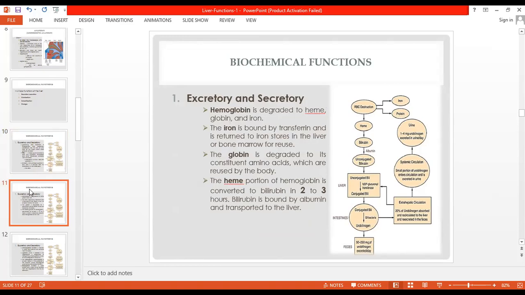Hemoglobin is degraded to heme, globin, and iron.